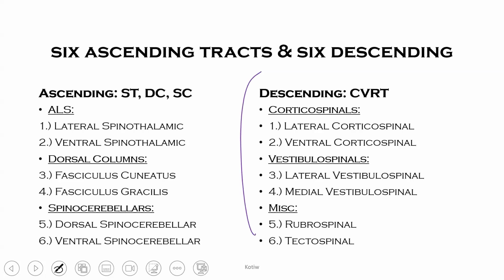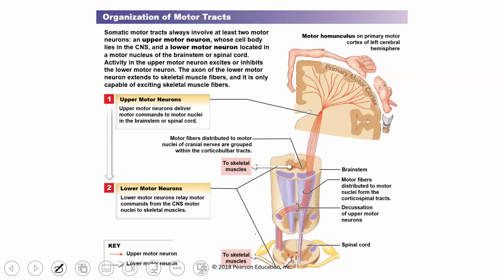So in our book, in Martini, we see this organization of the motor tracts. These somatomotor tracts always involve at least two motor neurons. An upper motor neuron, whose cell body lies in the central nervous system, brain and spinal cord, and a lower motor neuron located in a motor nucleus in the brainstem or spinal cord.